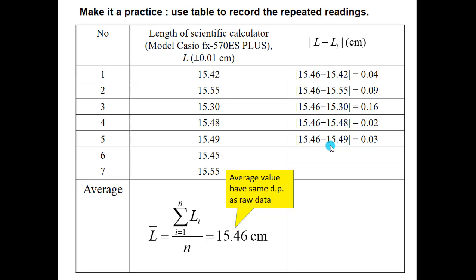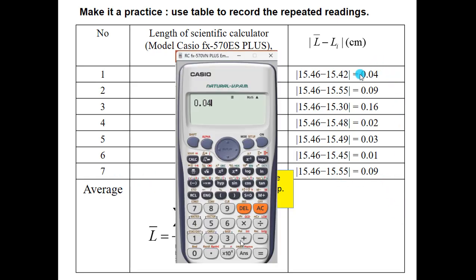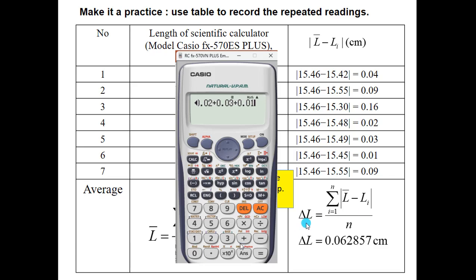The fifth is 0.03. The sixth is 0.01. And the difference for the last measurement is 0.09. Then I total up all these difference values and divide by 7. So I get the uncertainty.